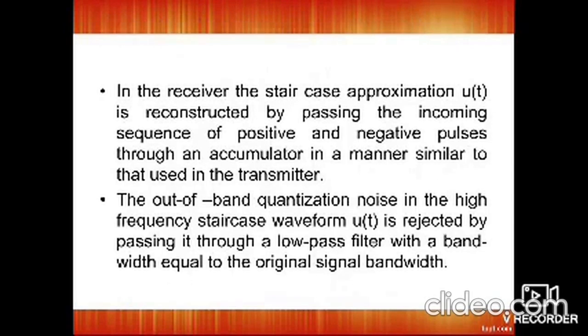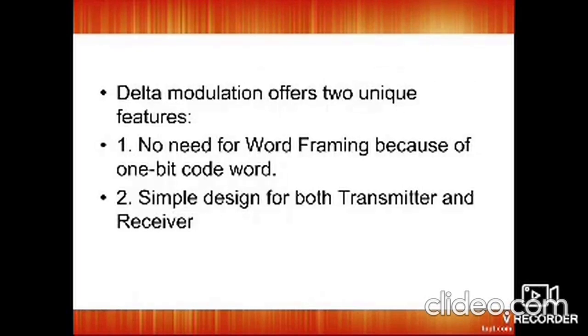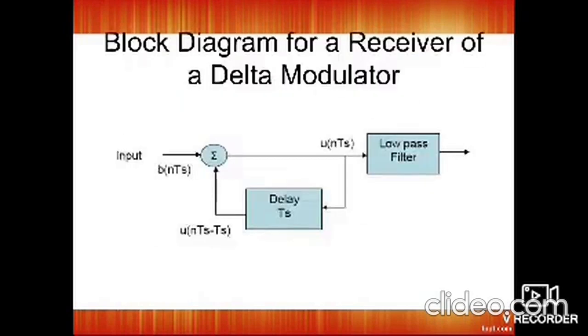So in this diagram there is one accumulator circuit, which is nothing but the combination of the summer and the delay circuit. Delta modulation offers two unique features: there is no need for word framing because of the 1 bit quantized word, and we can design both transmitter and receiver with very simple designs.